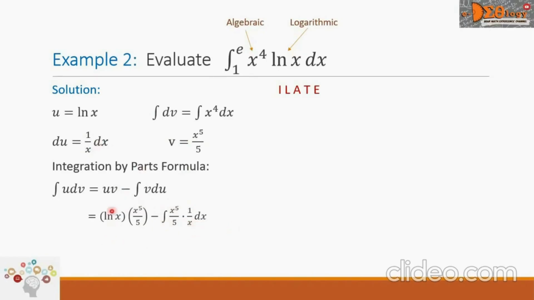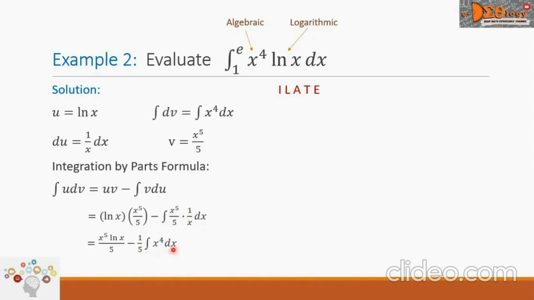Let us now simplify the uv into x raised to 5 ln x over 5 minus, let us move this denominator 5 outside, it becomes 1 over 5, and the integral of x raised to 4. So we simplify the x raised to 5 over x, and then the dx.